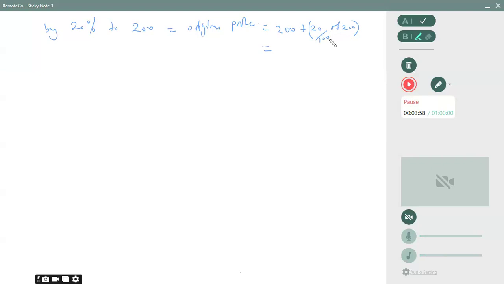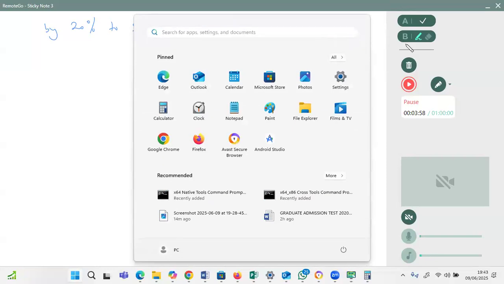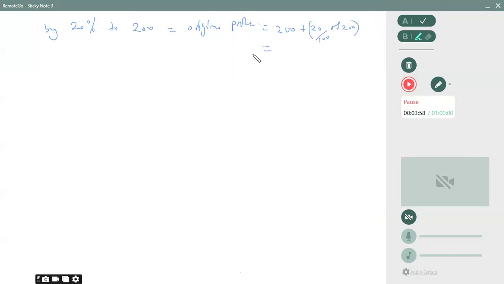But wait, that's not coming out. Let's read it again. It's saying that the price of a product became $200 after they discounted it by 20%, meaning it was $200 plus 20% that gives us the original price. Okay, that's how I've understood the term. I don't know if I'm correct, really. Okay, it's 200 plus 20 over 100.